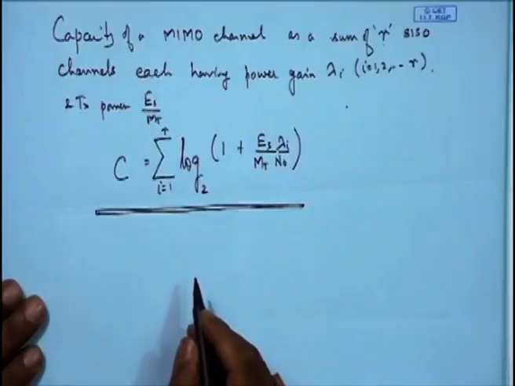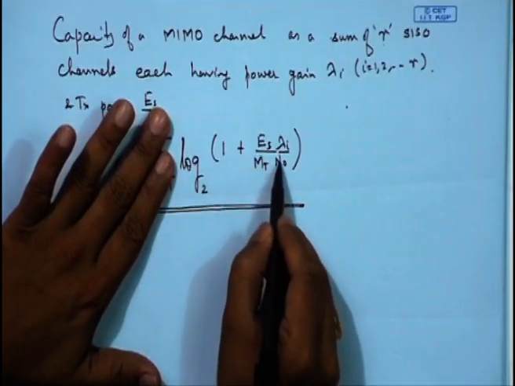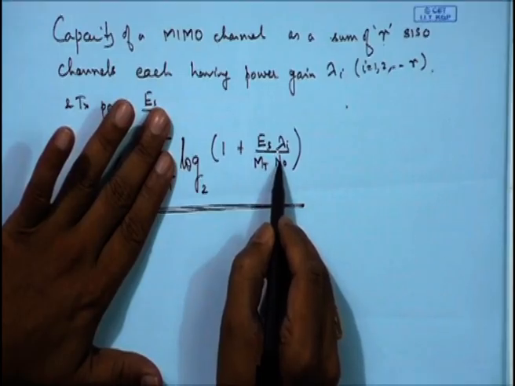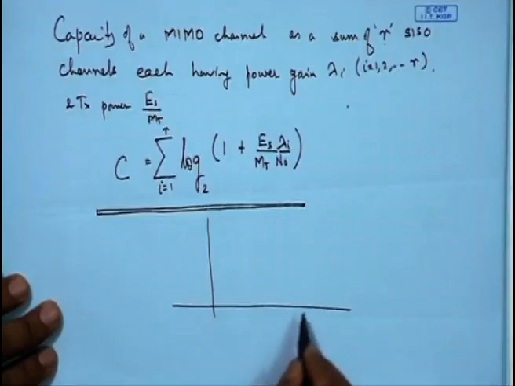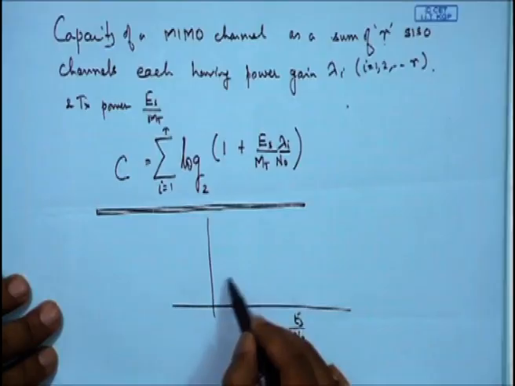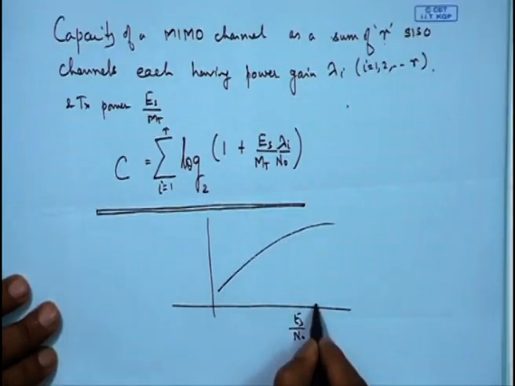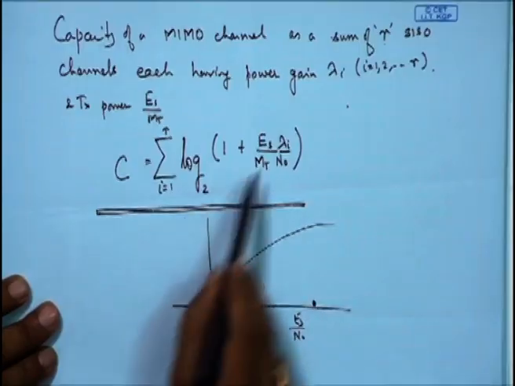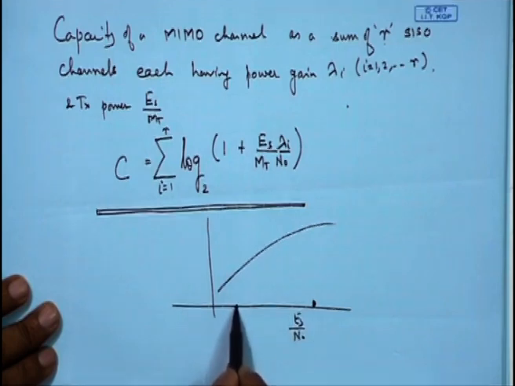So try to understand this expression and its implications, we'll get a better feeling of it. If we do not have this summation, we would have had log base 2 of 1 plus Es by N naught for a SISO link, and of course the channel coefficient would be there. So for such a link, if I plot Es upon N naught on this axis, the capacity increases like a concave function, and we were operating at some point Es, but what this has done is it has made it Es upon Mt at this point.